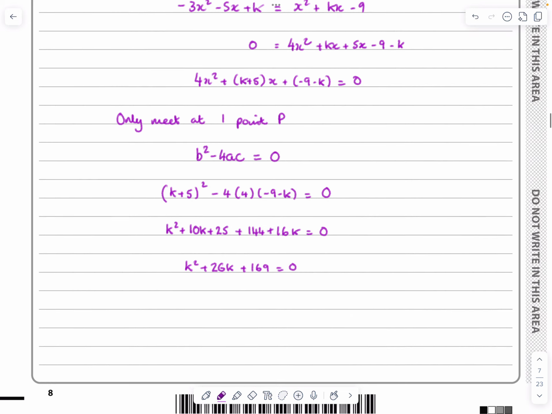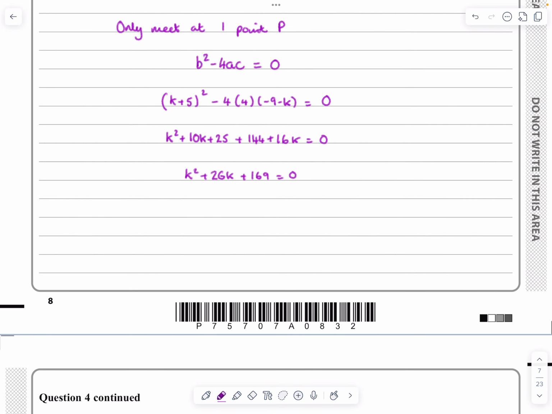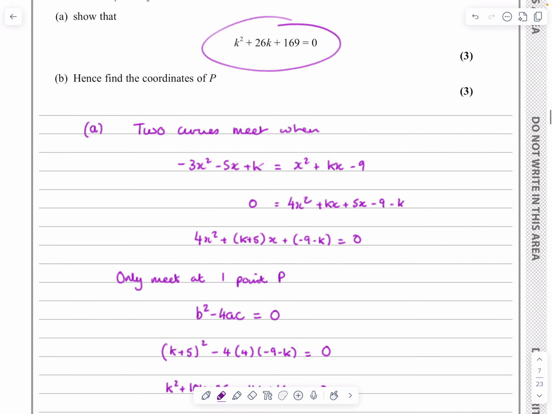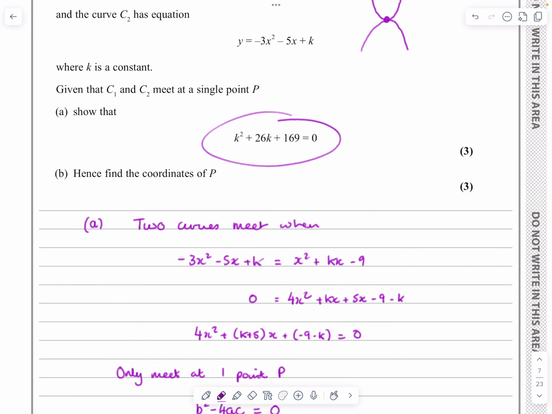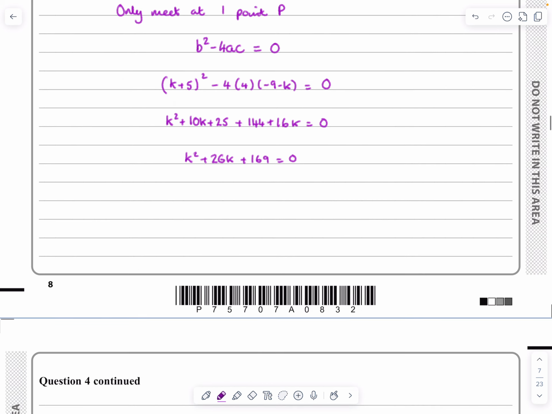So absolutely fantastic. I've done part A, sorted out, and then part B says, so now find the coordinates of P, which means finding out what k is, and once I've found out what k is, I'll then be able to work out the values of p. But remember, when we're trying to factorize this or put this into the quadratic formula, it's a perfect square here.